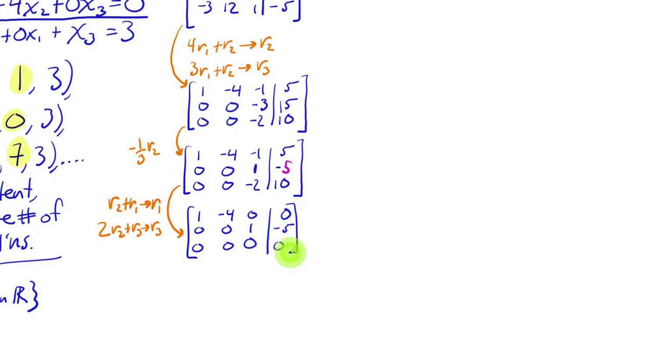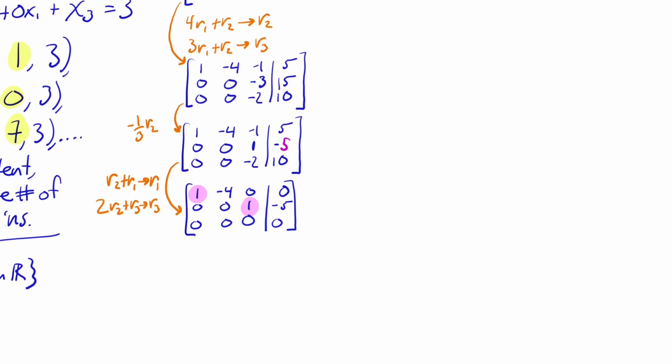We can see where the leading entries are in each row, except for row 3, which does not have a non-zero entry. And that means that the places where these leading entries appear are where the basic variables are in the equation, which are x1 and x3.